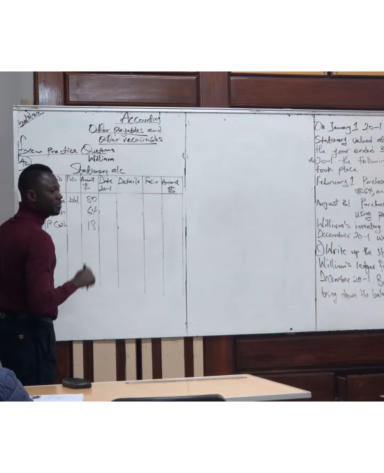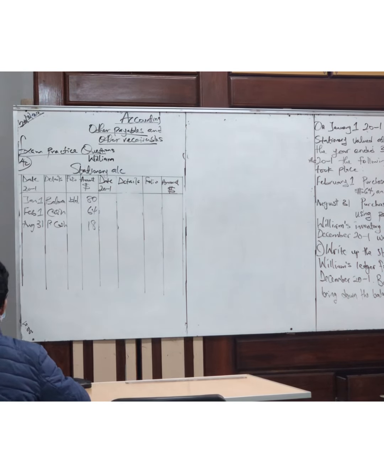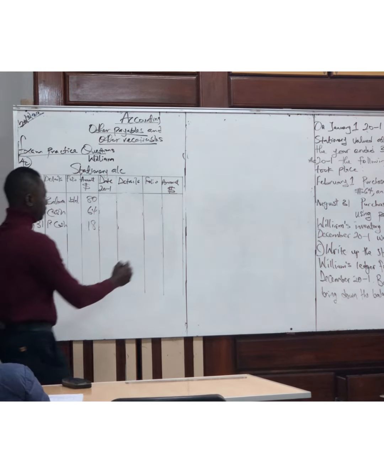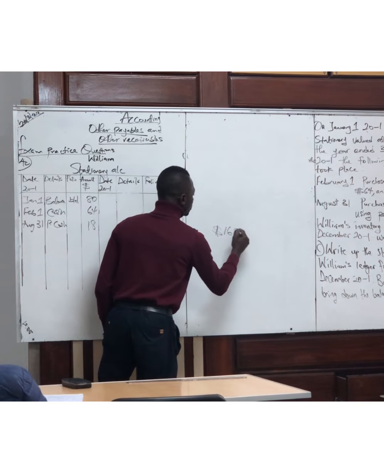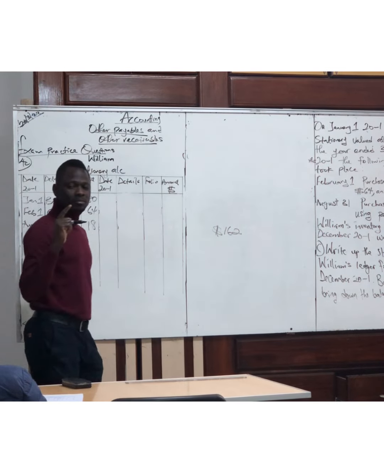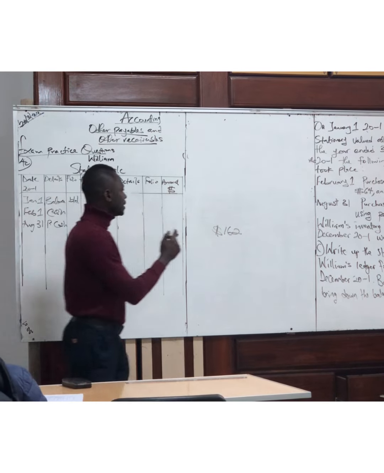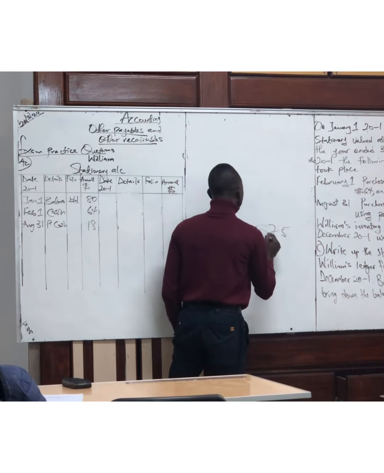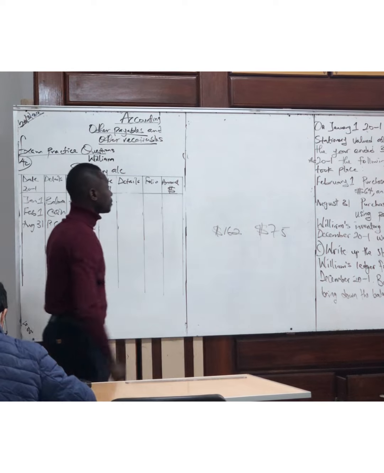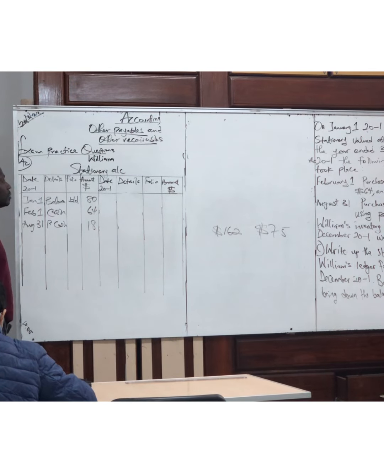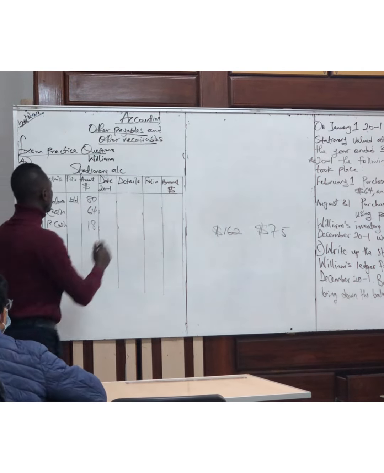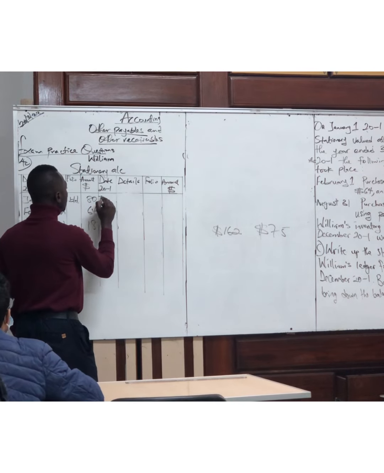Now please add it together: 80 plus 64 plus 18 is 162. And the value of the inventory stationery left is 75. So 162 minus 75 is what, please? 87. Thank you.